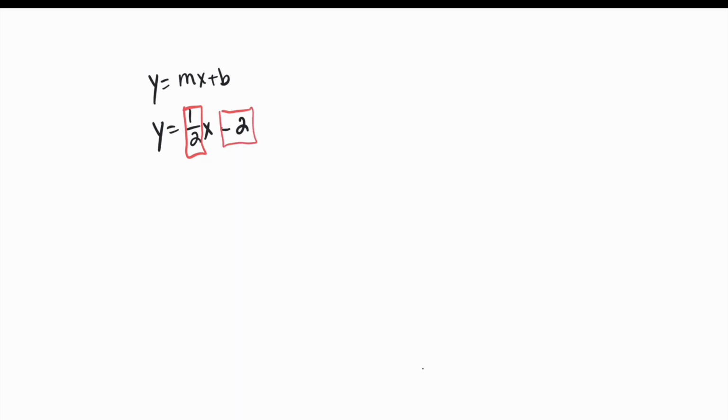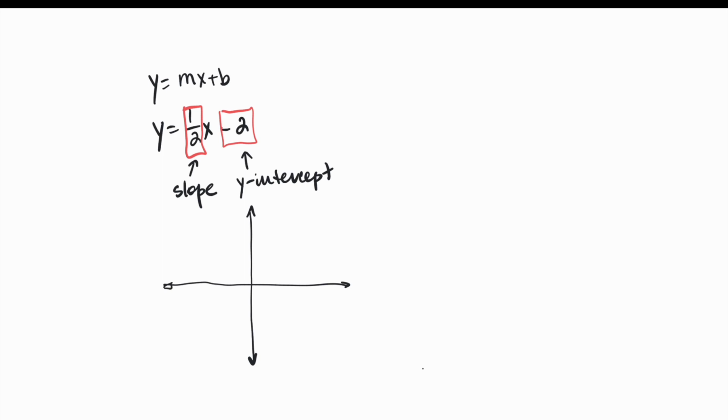The b is always the y-intercept, and the m is always what we call a slope. Here's how you use these two items to graph the line. On the coordinate plane, first place the point that represents the y-intercept on the y-axis. Our y-intercept is negative 2, so we'll place that point on our y-axis.